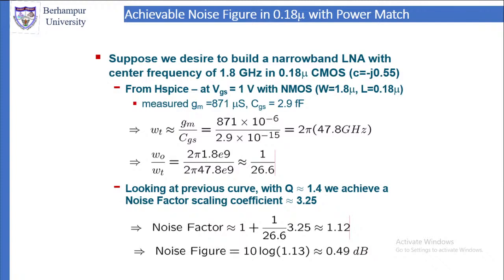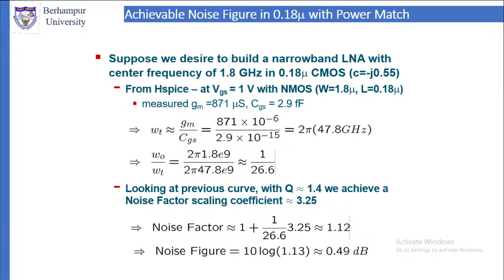Omega 0 by omega t is equal to 1 by 26.6. Looking at the earlier curve, with Q approximately 1.4, you will achieve a noise factor scaling coefficient of about 3.25.